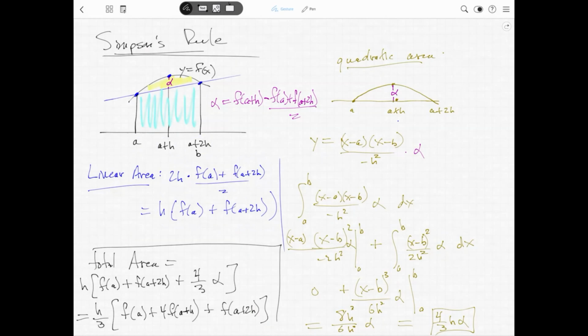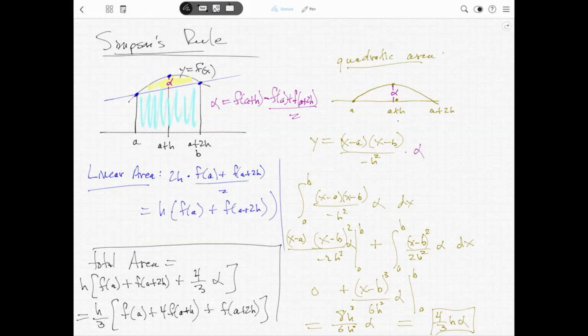Then we also have to compute the area of that little yellow dome above the trapezoid. I'm going to let alpha be the difference in height between the midpoint of the straight line at the top of the trapezoid and the peak of the parabola at that same x value, the point x equals a plus h.